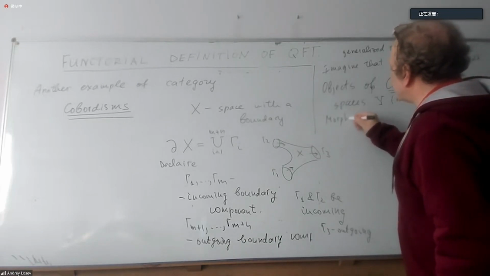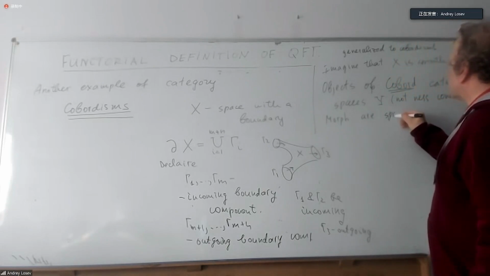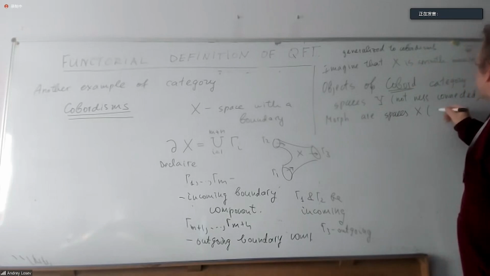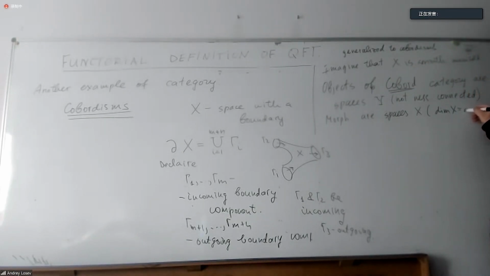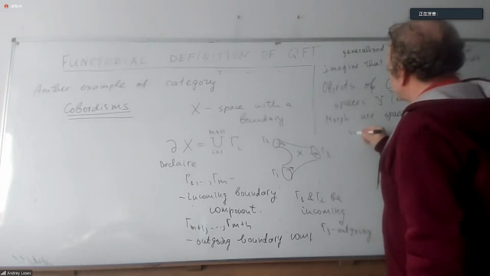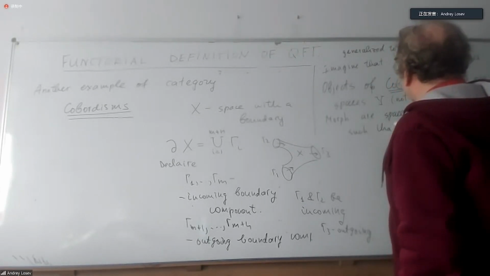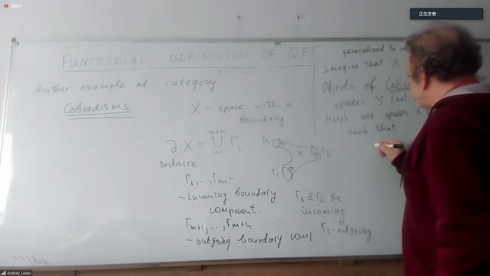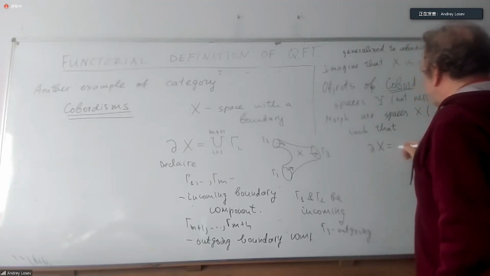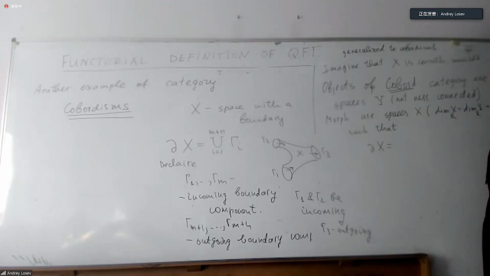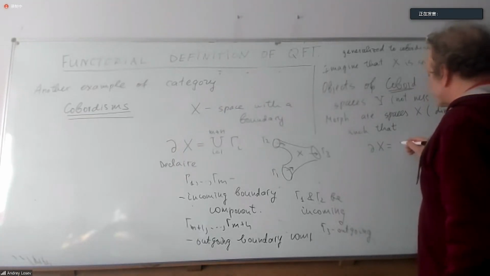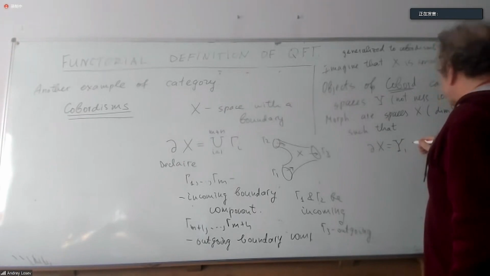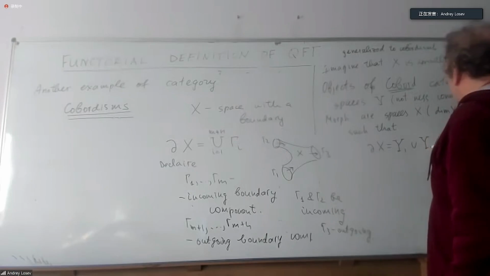Morphisms are spaces X of real dimension such that the boundary of X is Y1 and Y2.